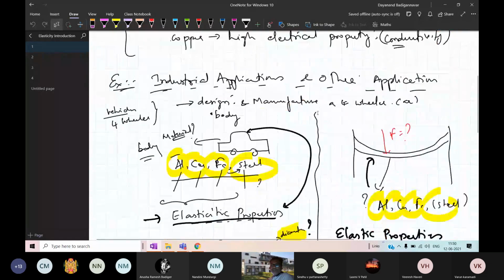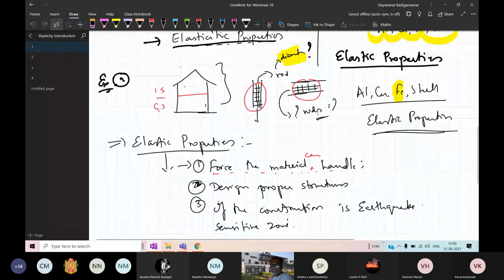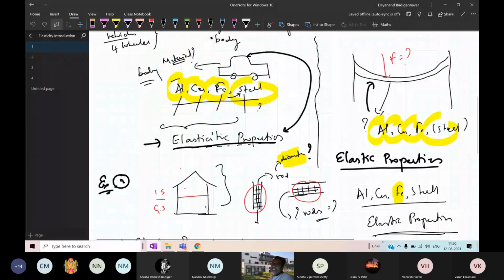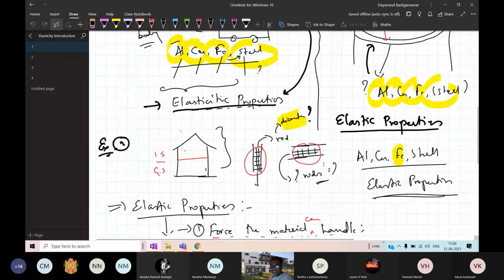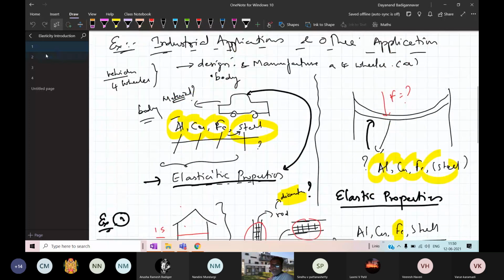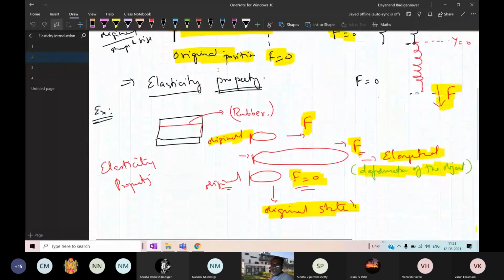As an engineer, you should know the elastic properties of the material to design engineering structures like a bridge, your home, or the body of a two-wheeler or a four-wheeler. So for all these, you should know the elastic properties of the material. Elasticity is a physical property or a mechanical property.